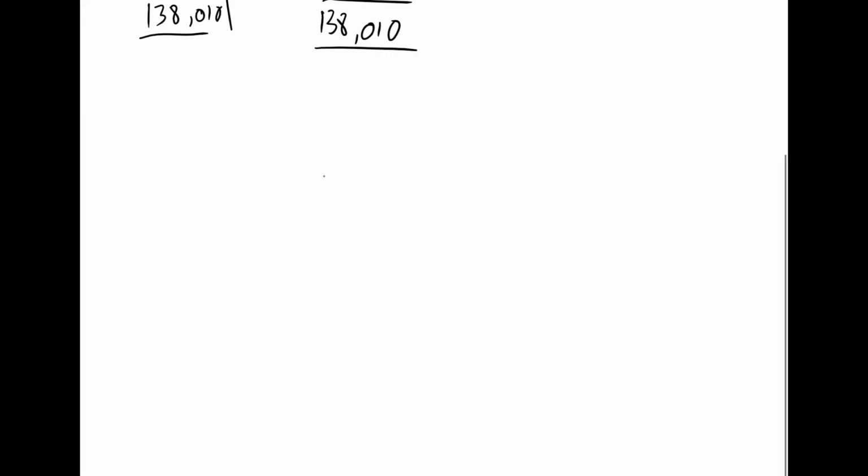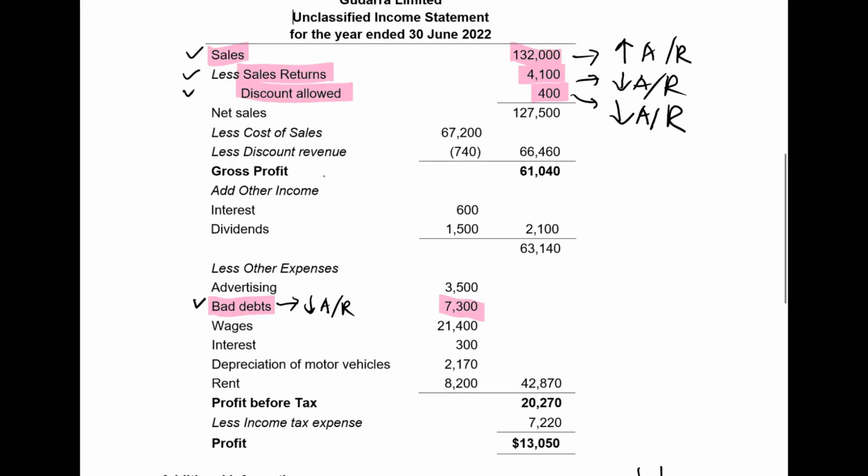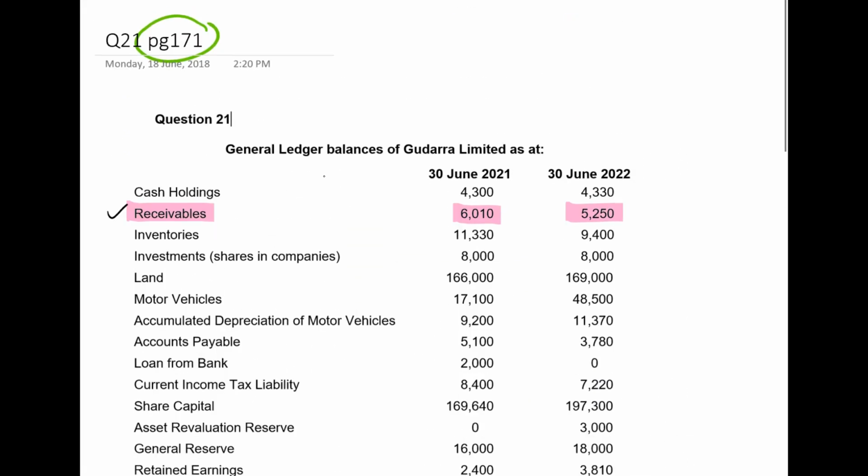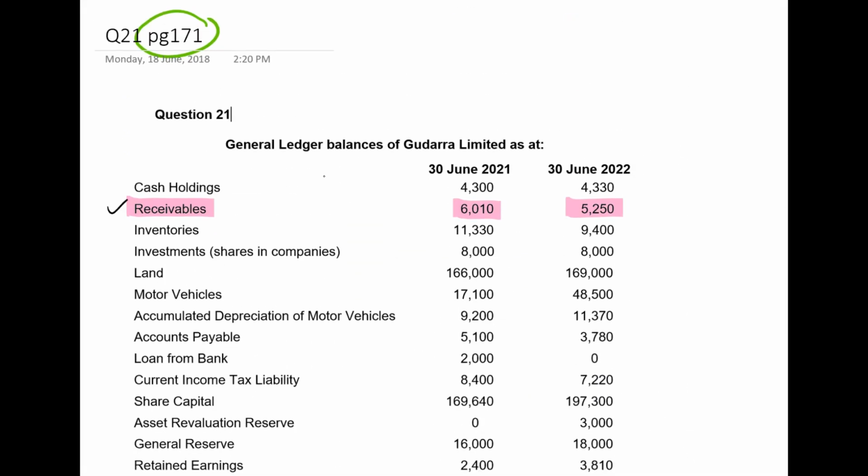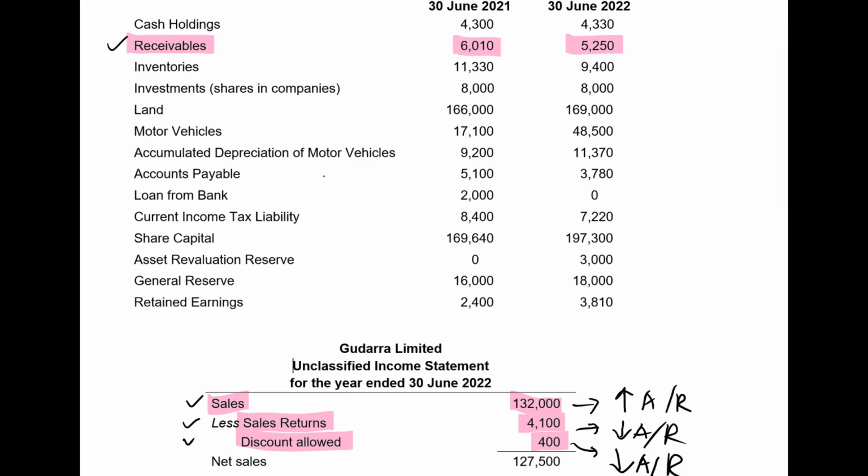120,960. So you need to check whether you have any other income like rental income or commission income that you receive, because these two incomes, rental income and commission income, you have to include in your receipts from customers as well.